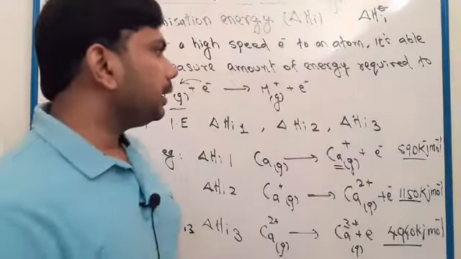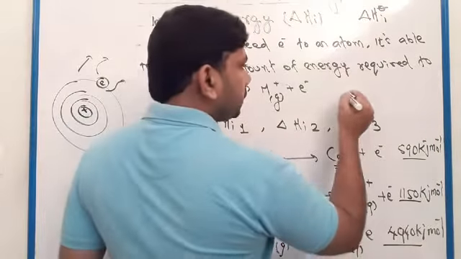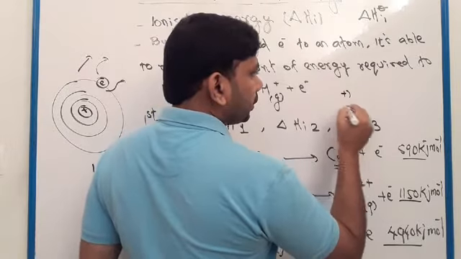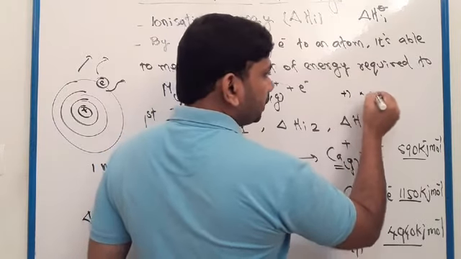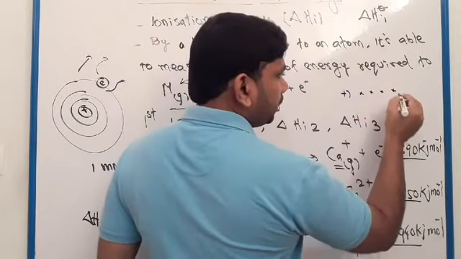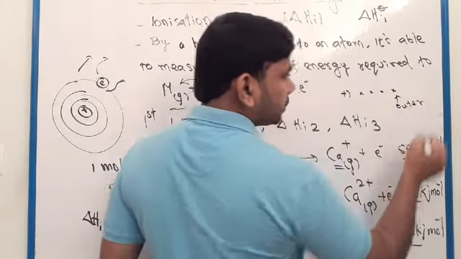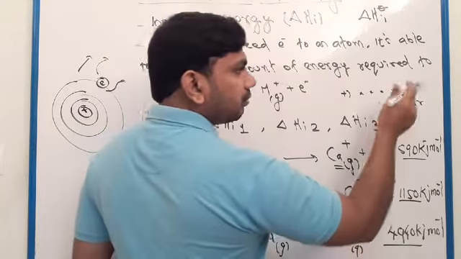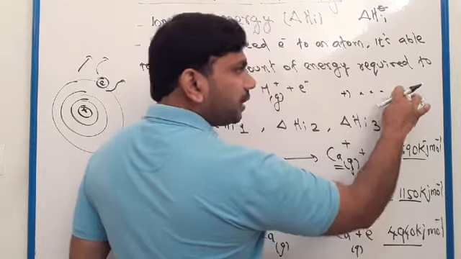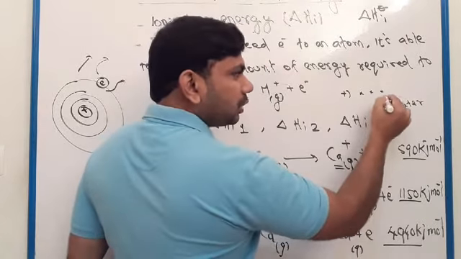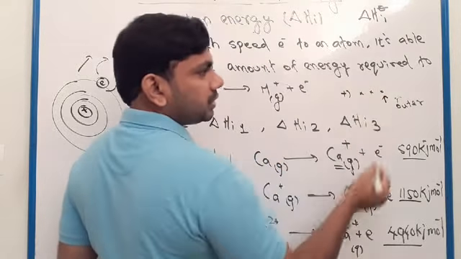Here imagine this is the nucleus, and these are different electrons. Imagine this is the outer shell electron. After removing this electron, the next outer shell electron is much closer to the nucleus.